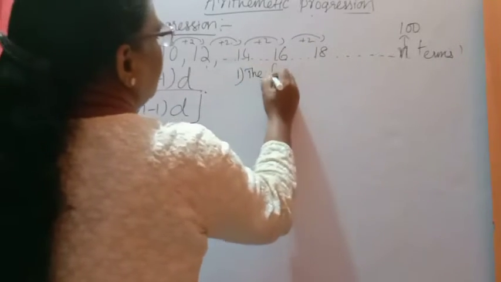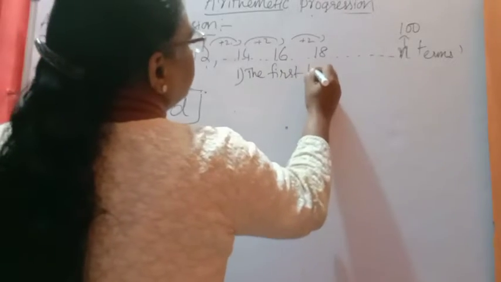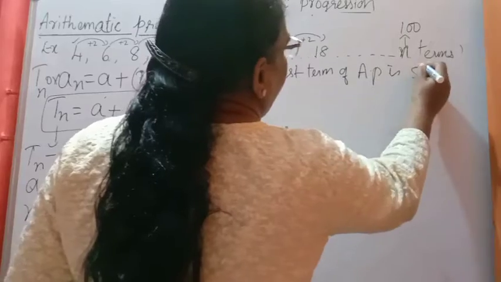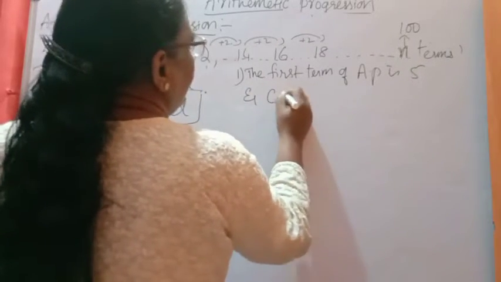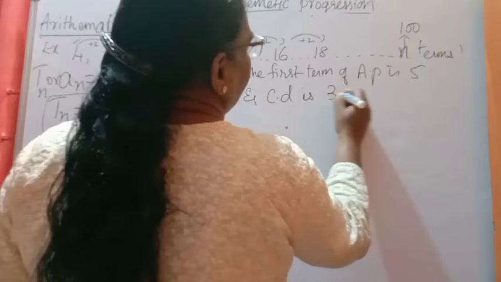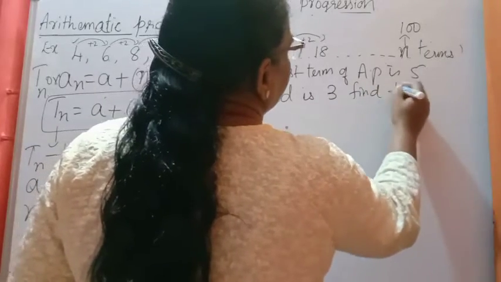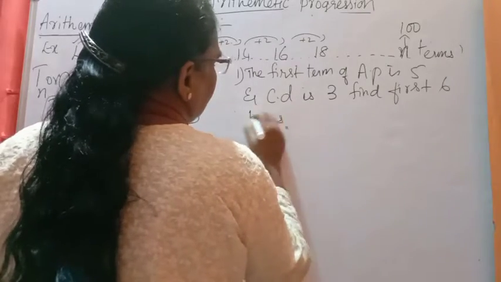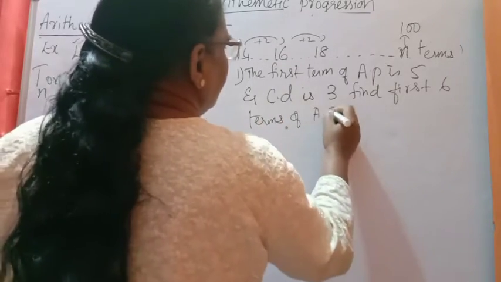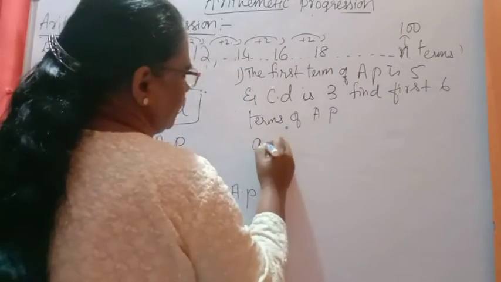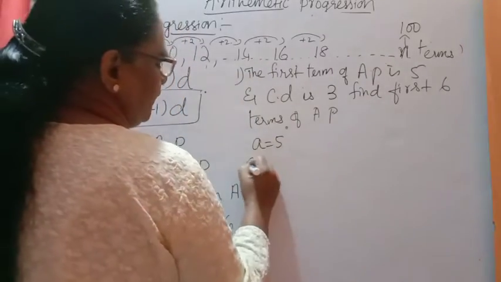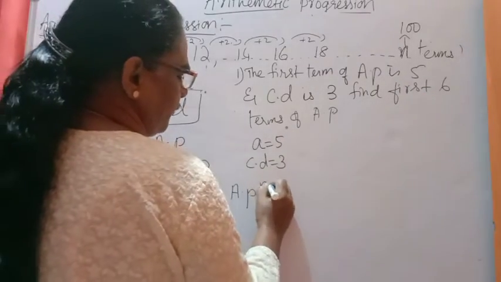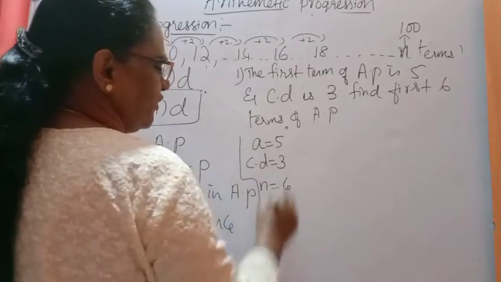The first term of AP is 5 and common difference is 3. Find first 6 terms of AP. See here, first term is given 5. Common difference is given 3. You have to write 6 terms. Number of terms 6. You have to write the 6 terms.